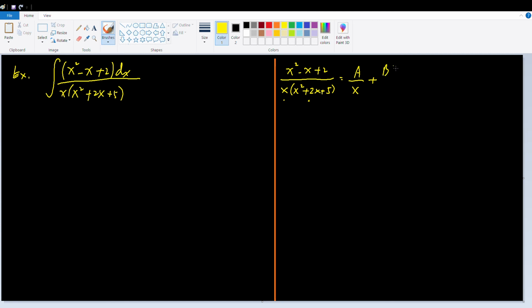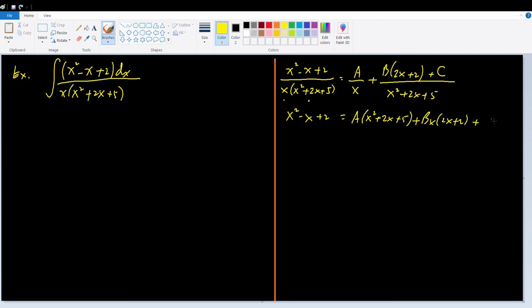So it will be b times, we take the derivative of x squared plus 2x, which is 2x plus 2, plus another constant c all over x squared plus 2x plus 5. So we combine again the fractions and eliminate or cancel out the denominators. So a times x squared plus 2x plus 5 plus bx times 2x plus 2 plus cx.